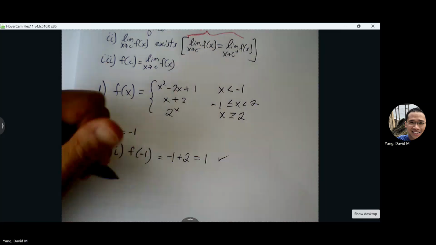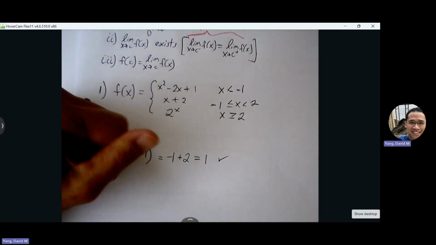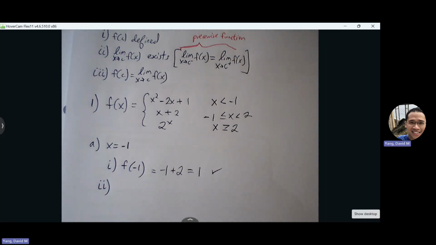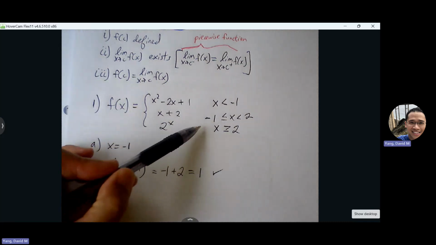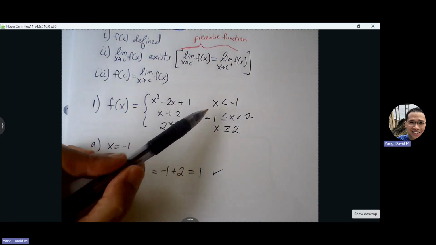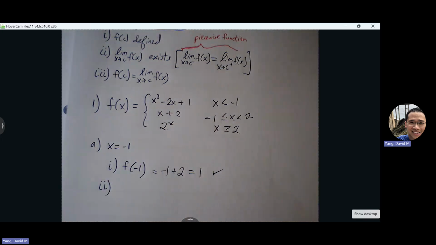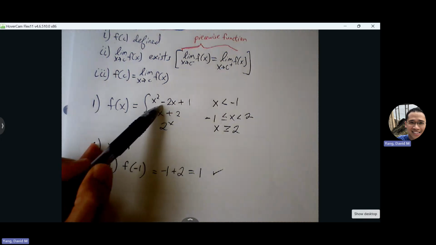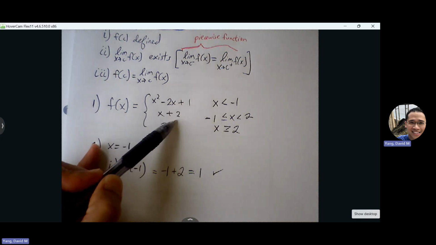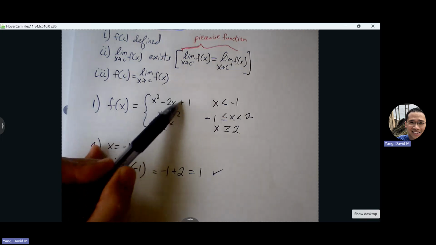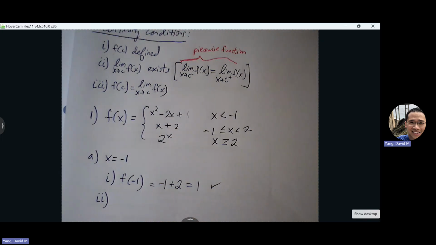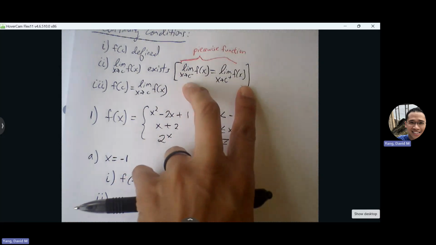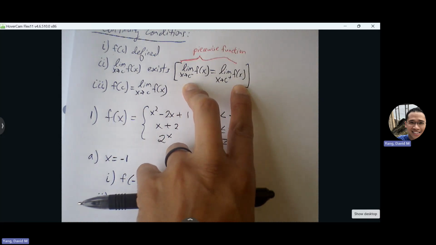Right. Second condition, does the limit exist? Now you see that we have two piecewise functions that are on either side of -1. We have a different function defined to the right of -1 versus a function to the left of -1. So because of the piecewise function, and we're split on either side of -1 with two graphs, we're going to have to rely on two one-sided limits.